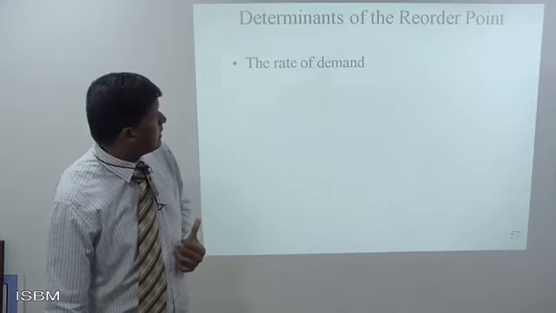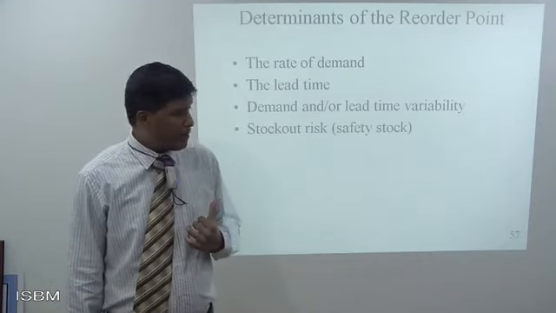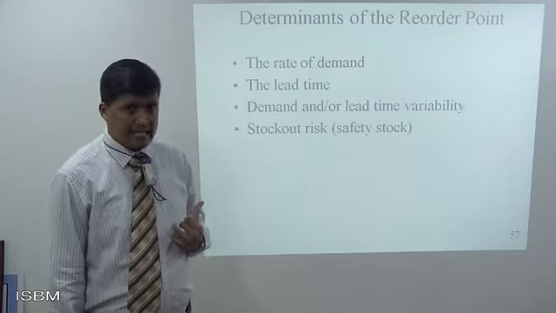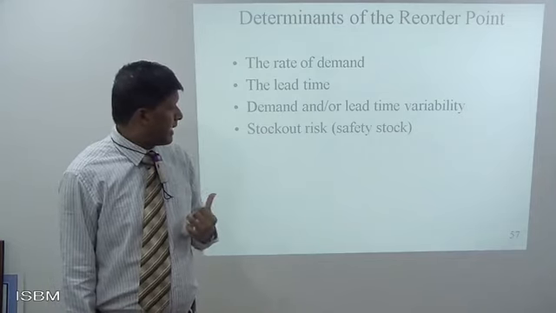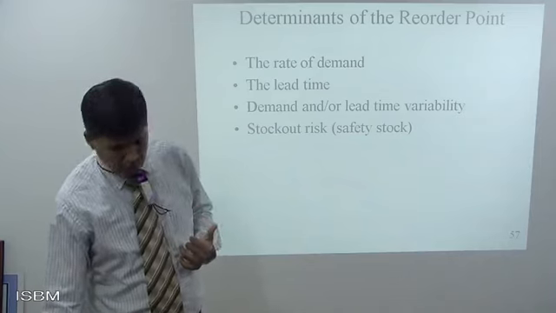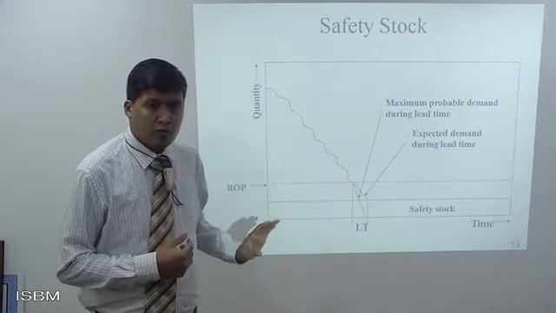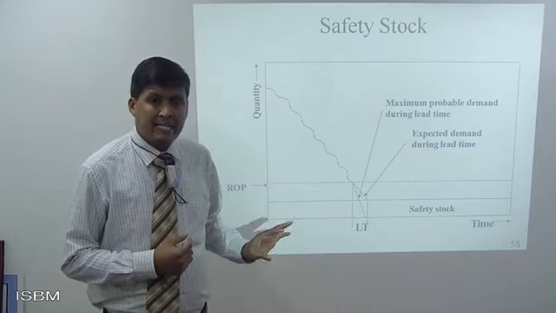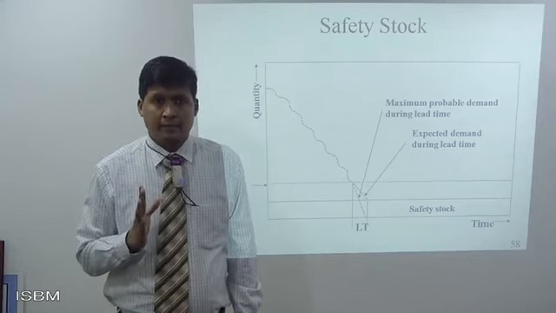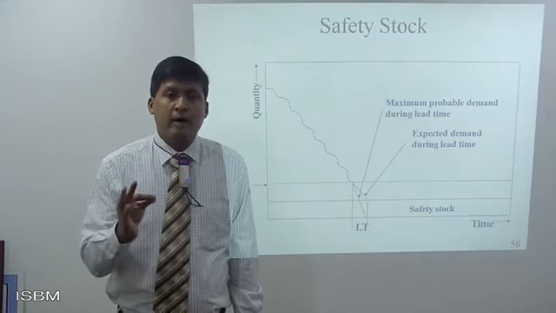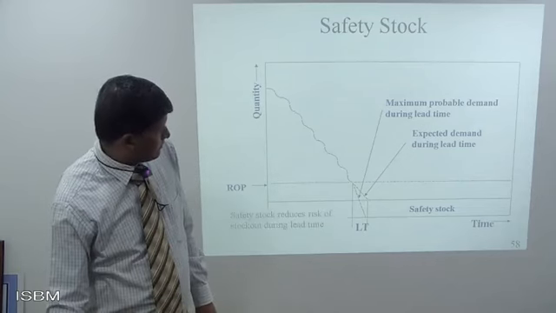The determinants of the reorder point would be, number one, the rate of demand, the lead time, demand and/or lead time variability, and the stock out risk, the safety stock. We want some stock to exist so that there would not be a stock out because demand is more than supply.